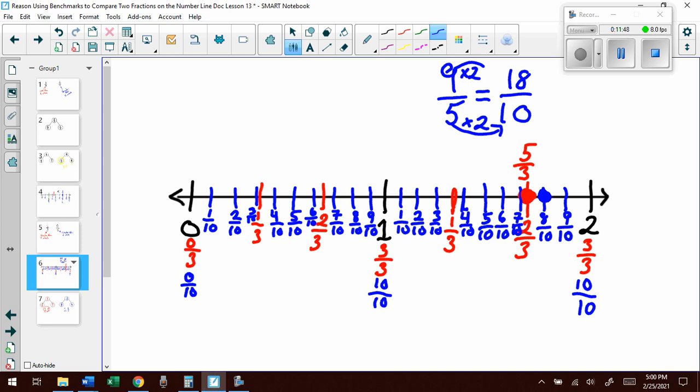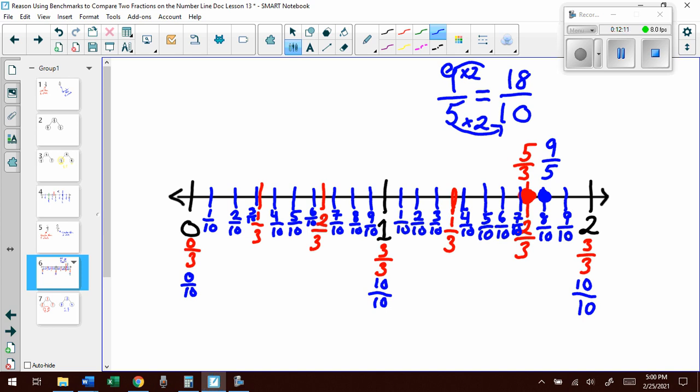Right there. That is our 9 fifths, because 9 fifths is equivalent to 18 tenths. So we can see now that it was a close race, man. But 9 fifths is greater than 5 thirds.